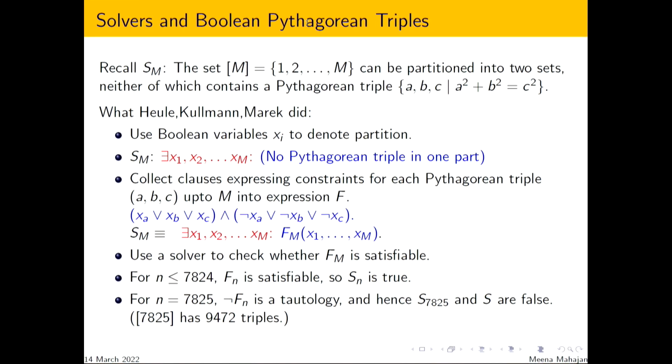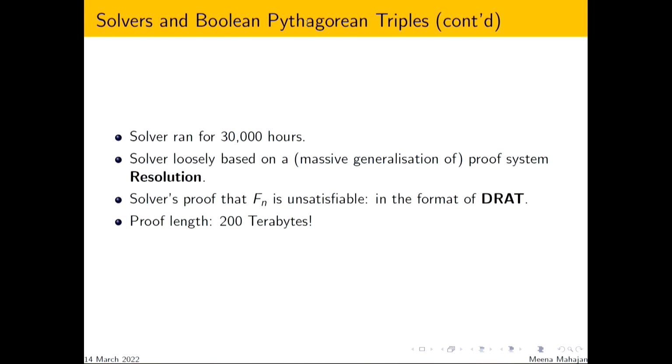So finally, we know that the Boolean Pythagorean triples problem, the statement is false. You cannot partition all numbers. You cannot even partition all the numbers up to here. So if you go up to here, there are 7,825 variables. There were these many triples, 9,400. So there were 19,000 clauses. By modern SAT solver standards, it's not that large. But nonetheless, their solver ran for 30,000 hours on a fairly powerful computer.